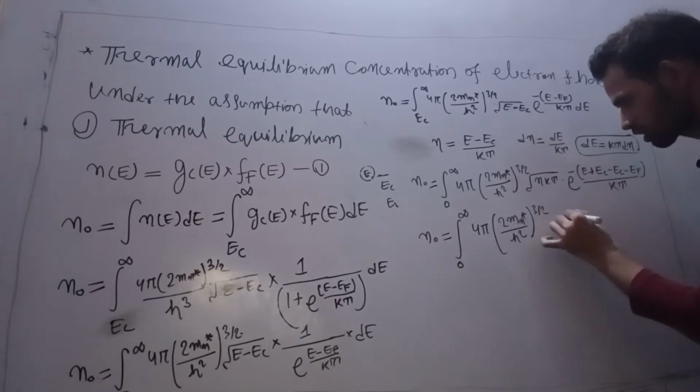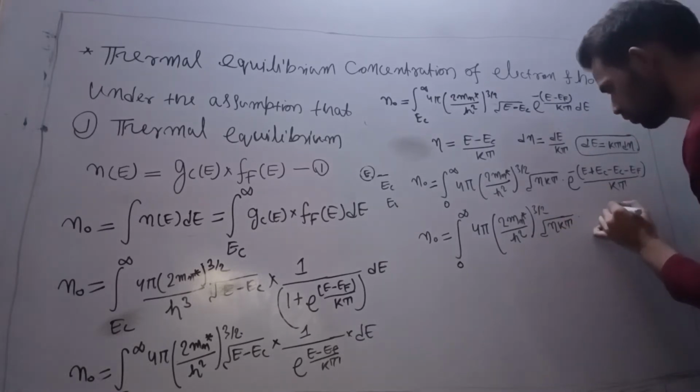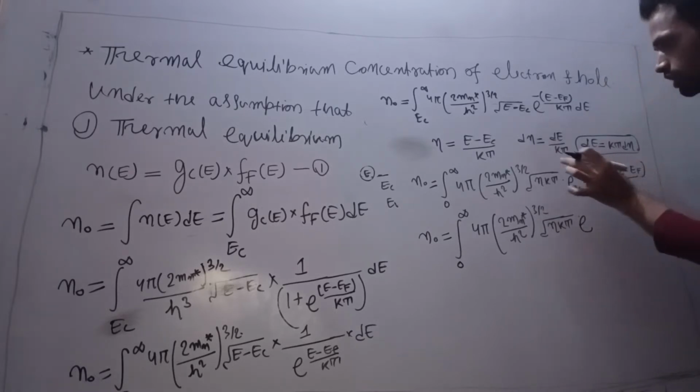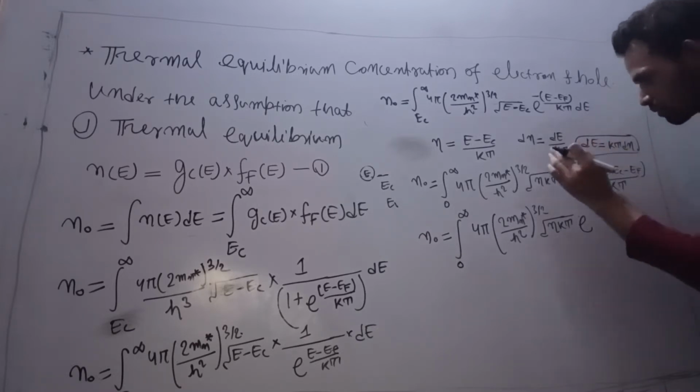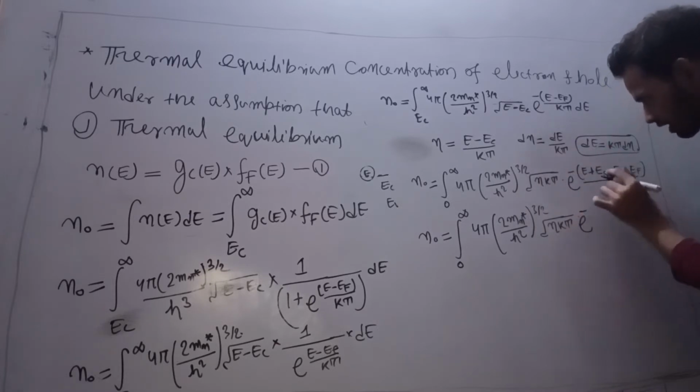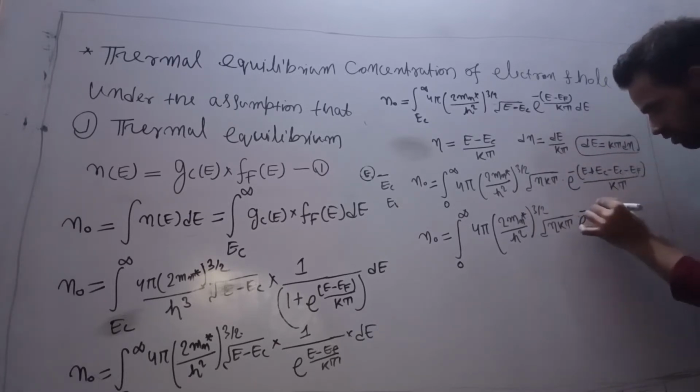Okay, to the power 3 by 2, square root of eta kt, into, just see here, e minus ec, you have to keep this inside, and ec minus ef you have to take this outside. Okay, see, ec minus ef, take this outside.